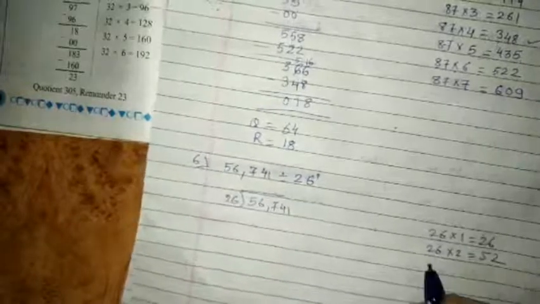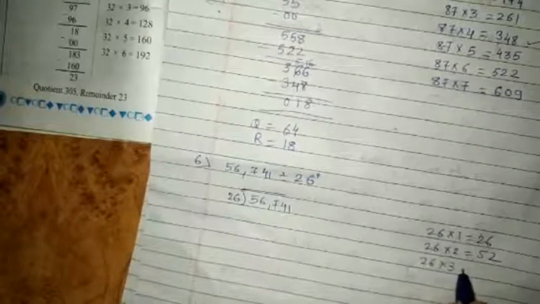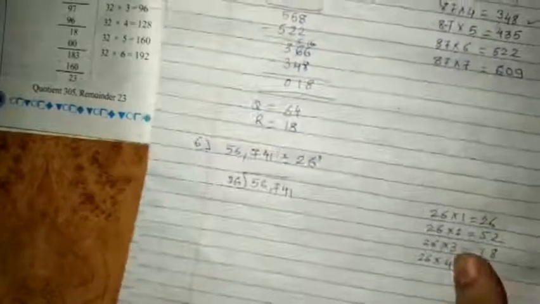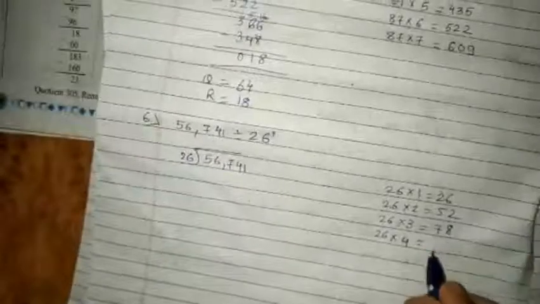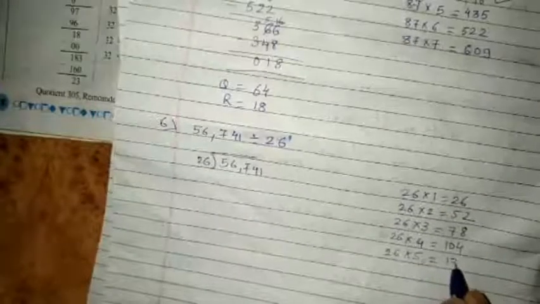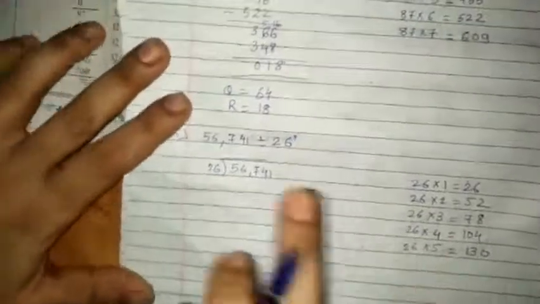Okay, then 26 threes are 78, 26 fours are 104, 26 fives are 130. Like that we will make. If we need, then we will make the table further also. So let's start with this.